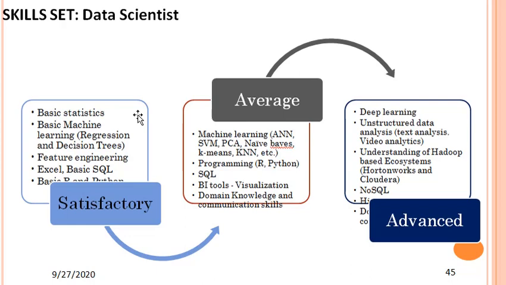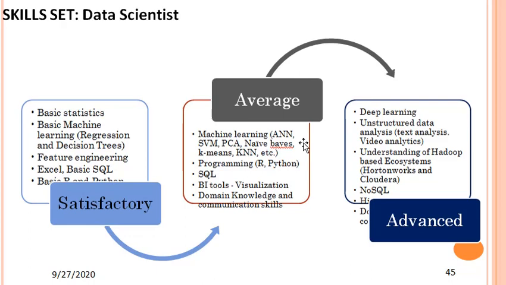He should also have knowledge of advanced classification algorithms, which are supervised as well as unsupervised. For example, for supervised, he should have knowledge of support vector machines, principal component analysis, naive Bayes, and for unsupervised, he should know about k-means clustering and other clustering algorithms.